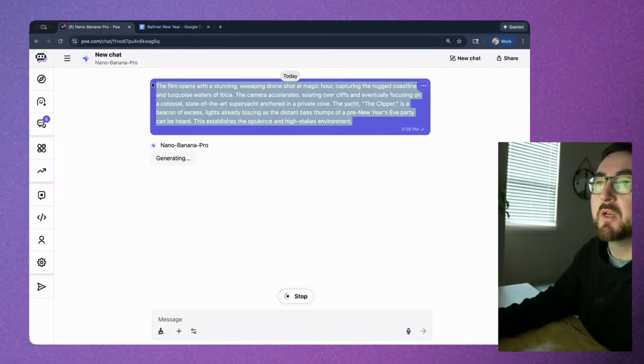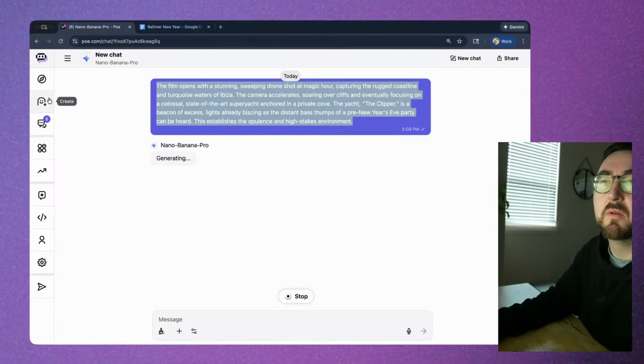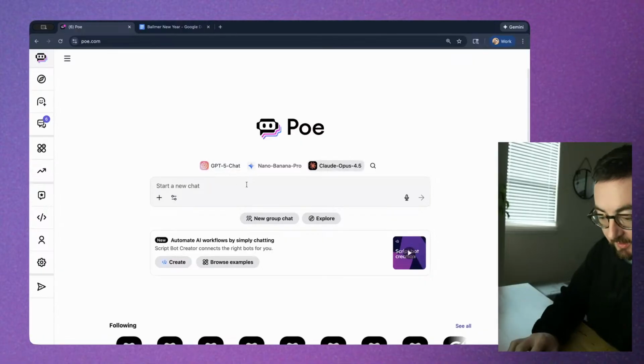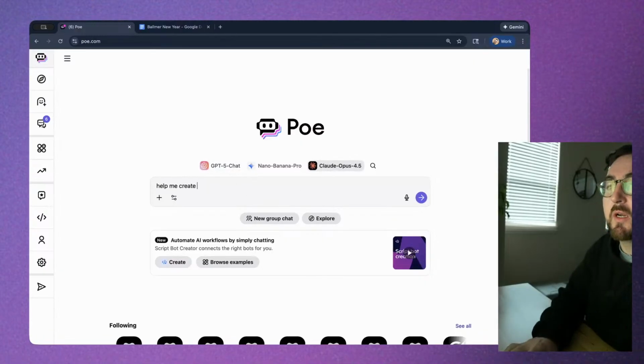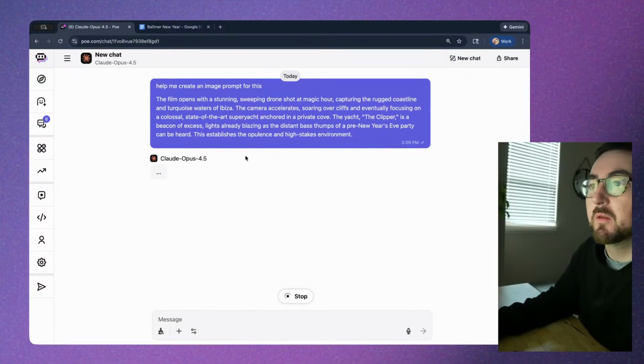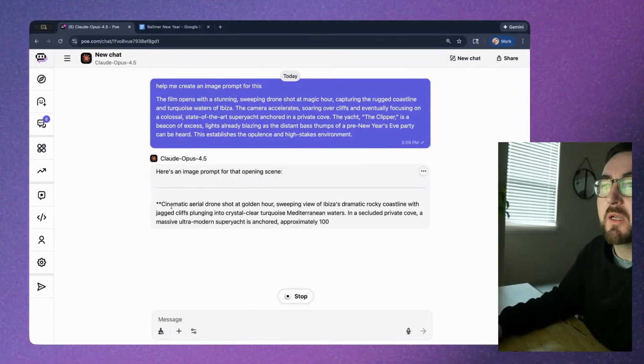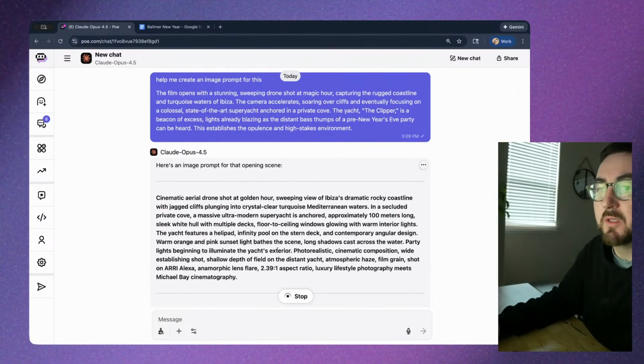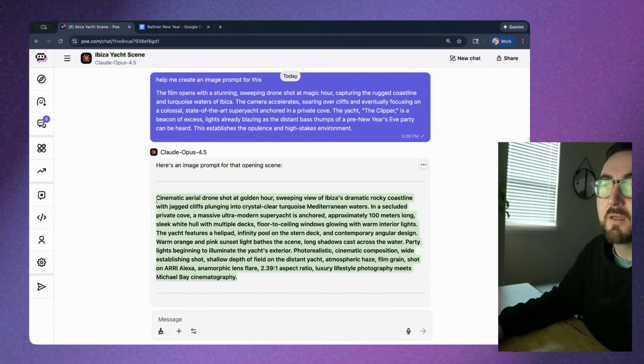Actually, this should have been an image instead. So if I come back here, I want to use Opus and say, help me create a cinematic image prompt for this. Here we go.